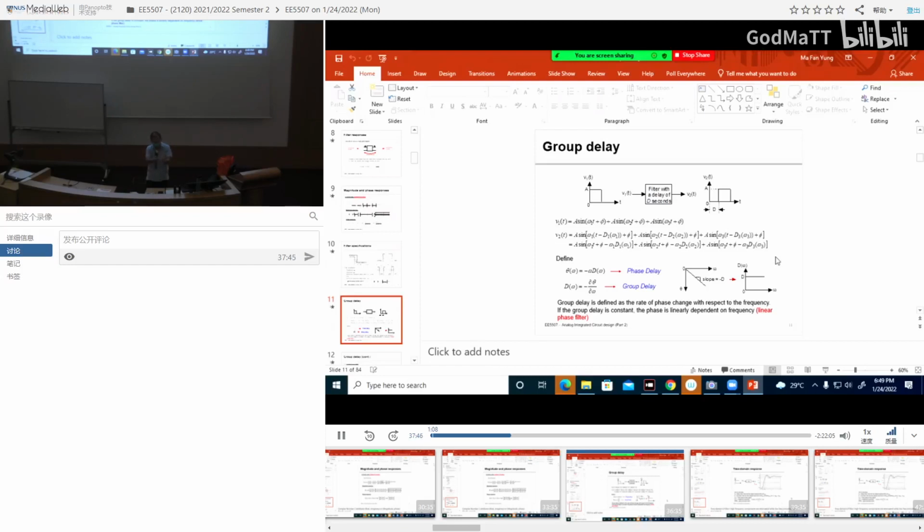That means for different frequencies, the time shift is the same. If I have a circuit in which the time shift is different for different frequencies, then when a certain shape goes through my filter, it will be distorted at the output because this shape has different frequency components. If the delay is different for different frequency components, then my output will not be the same as my input. The shape will be different.